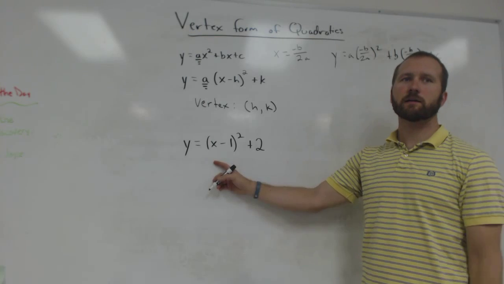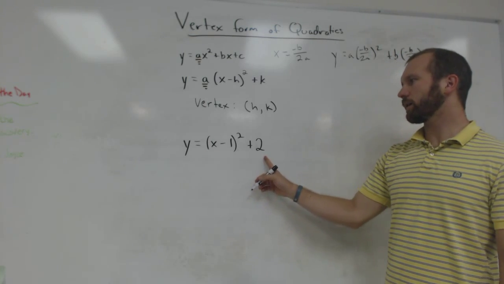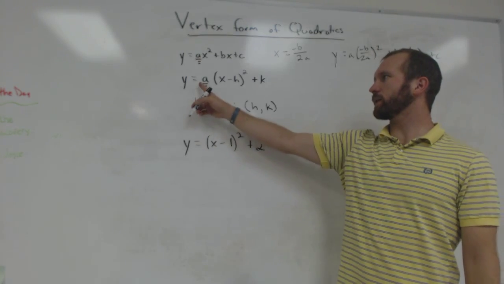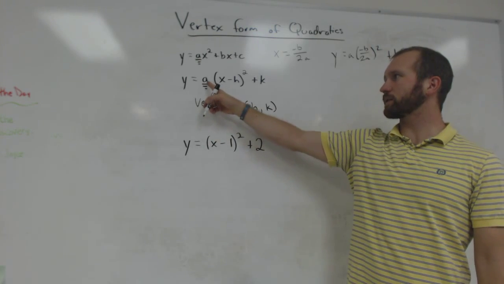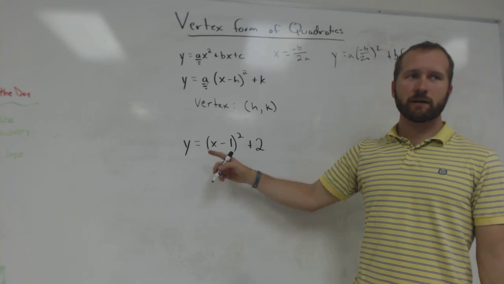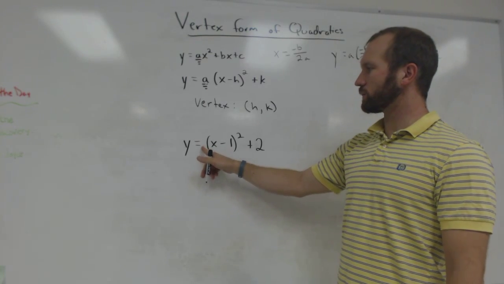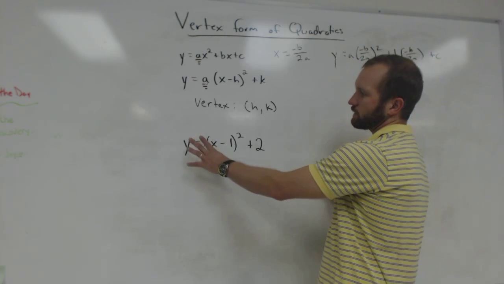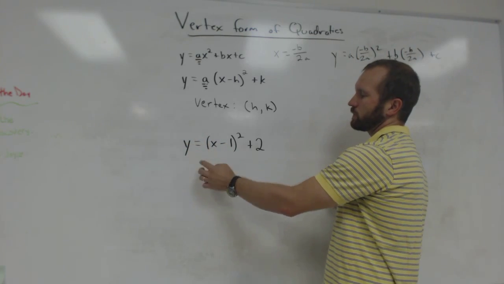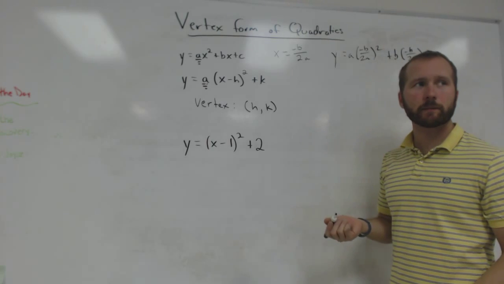Because that was kind of what we had last time. And also, look at this: there's nothing in front of the parentheses. So what is A? It's a 1. I could write a 1 in there if I wanted to, but it's unnecessary. So if there's nothing there, A is 1.